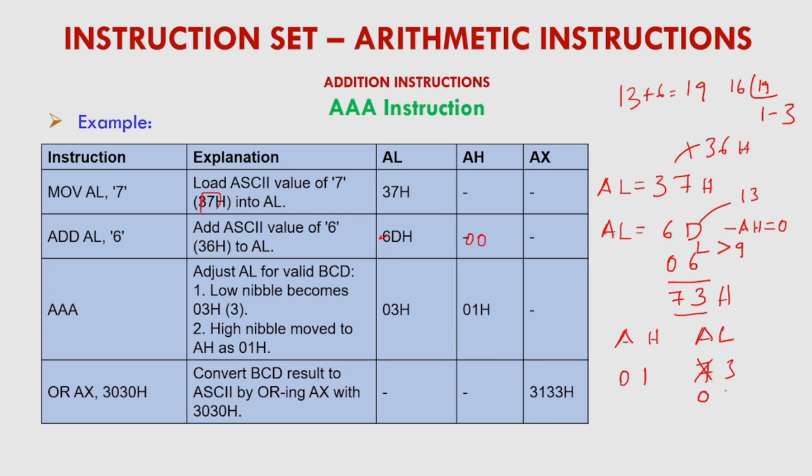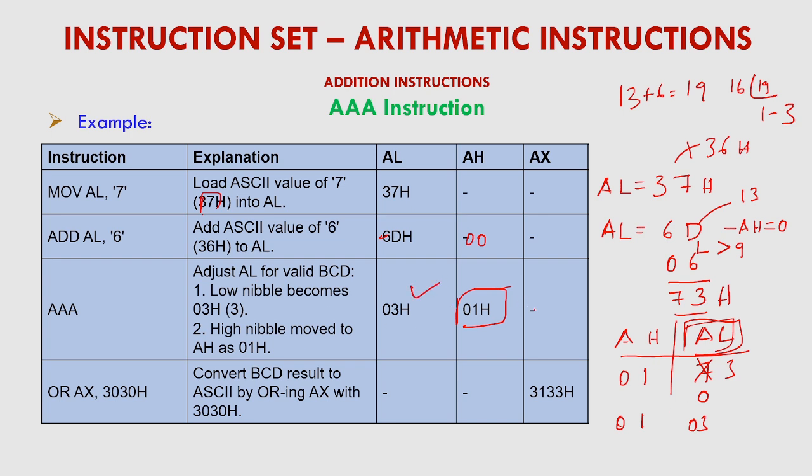Then only you will have a valid unpacked decimal number. Two things will happen. One, AH will be incremented by 1, and it will clear the upper nibble of the lower byte. So it becomes 0103. That's what is shown here. So AH is 01 and AL is 03.